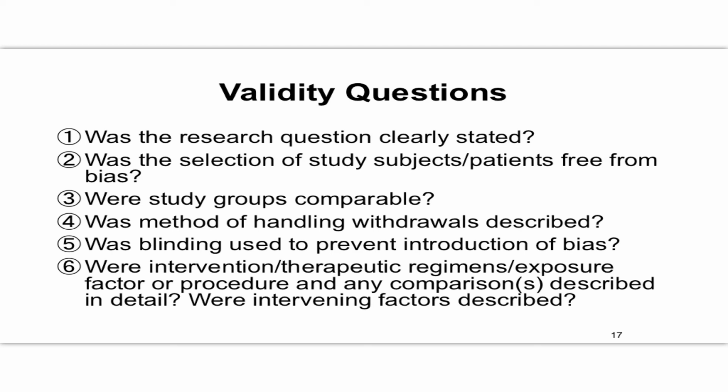The blinded people need to be the clinician, obviously the client, and anybody evaluating, say, the pathology or even clinical pathology. And then were intervention or therapeutic regimens and any comparisons described in detail? Were there any intervening factors described? Were there any things that made it not so clear-cut a study?